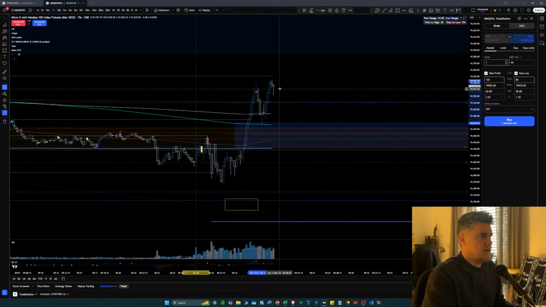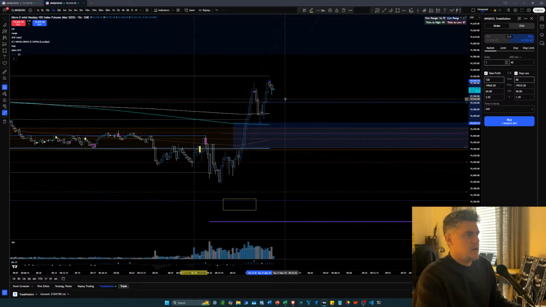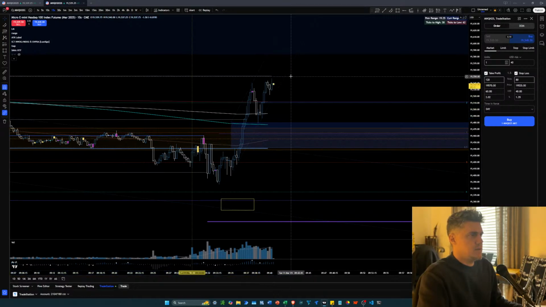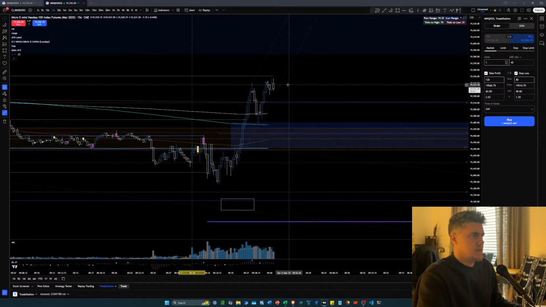You do have a possible channel trend line here that can hold price up. Would expect this to spike down at least one more time in the near future. From here, it just makes sense to tap this level and then come back down. Not tapping the level is very interesting.